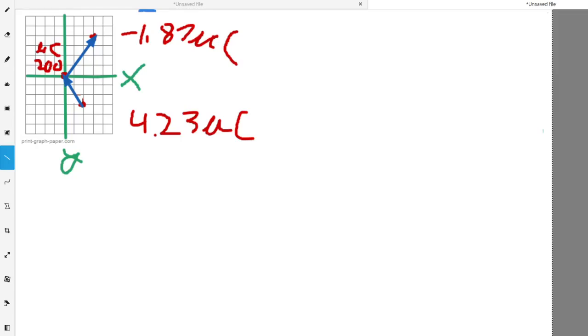These can be resolved into x components and y components, and that's what we have to do to add them. Here and here.